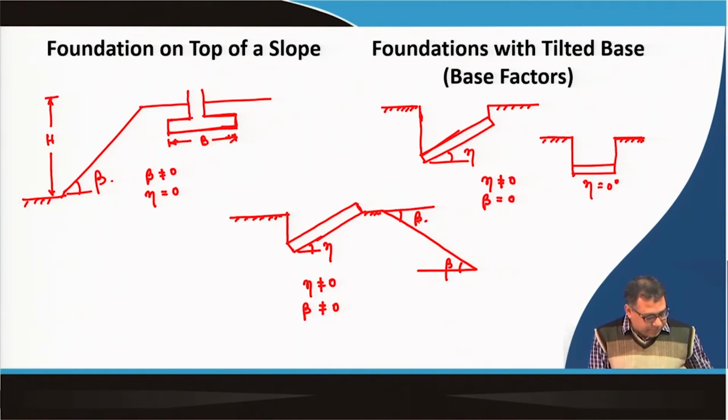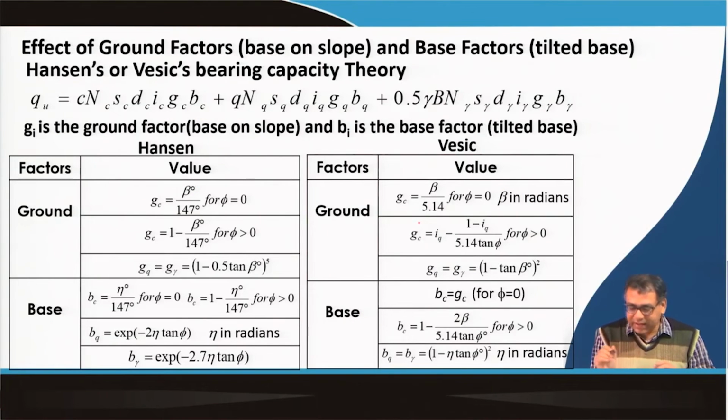Now, if the foundation is on a slope and the foundation has a tilted base, then Vesic and Hansen have suggested the factors. As I mentioned, originally we know there are 3 correction factors: shape factor, depth factor, and inclination factor. I have also discussed one more factor, the compressibility factor.